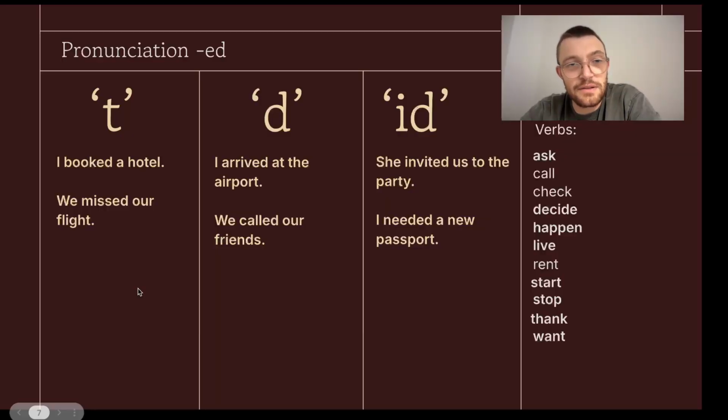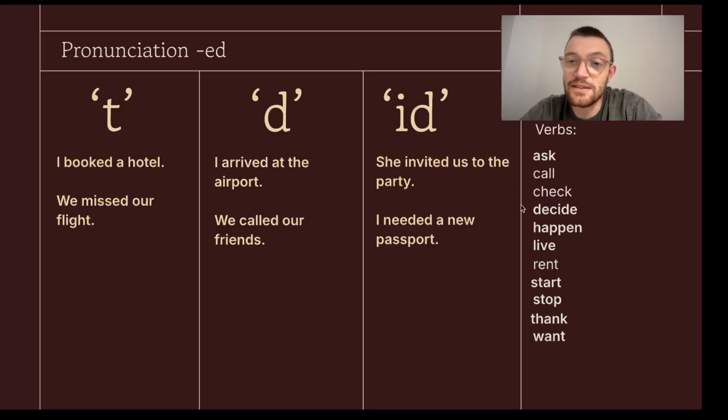Can you hear the difference between I booked a hotel, I arrived at the airport, and she invited us to the party? Some of the regular past tense, so these are the ones with ed on the end, they have different pronunciations. So some of them have a t sound, some of them have a d sound, and some of them have an id sound.